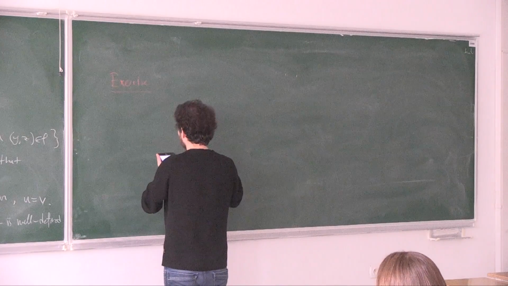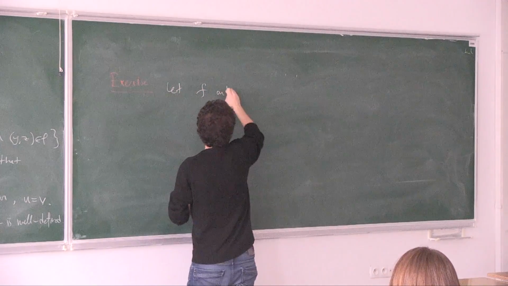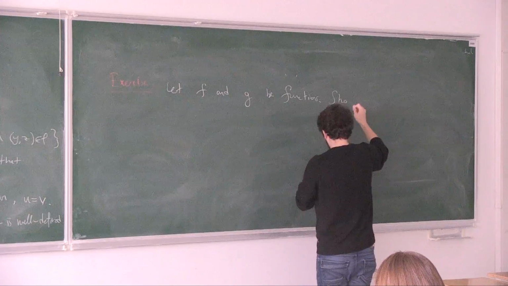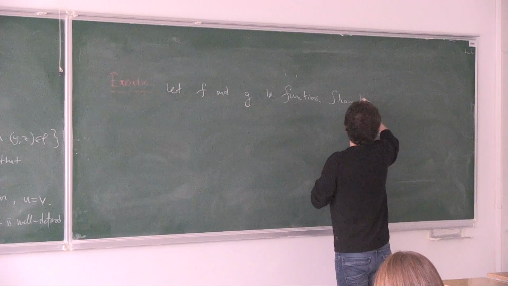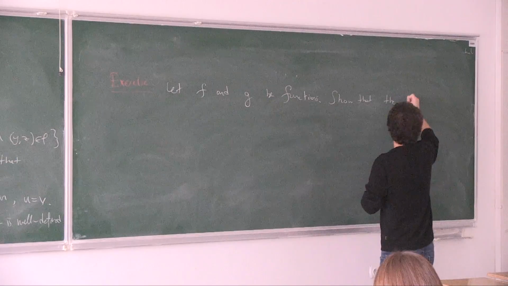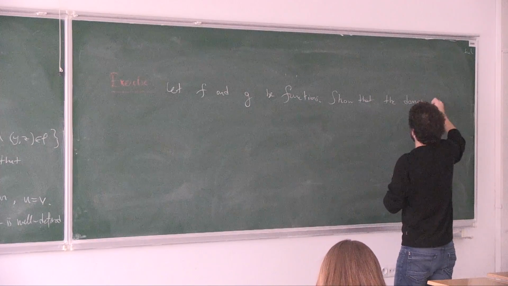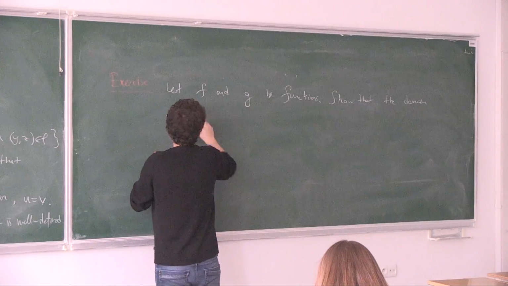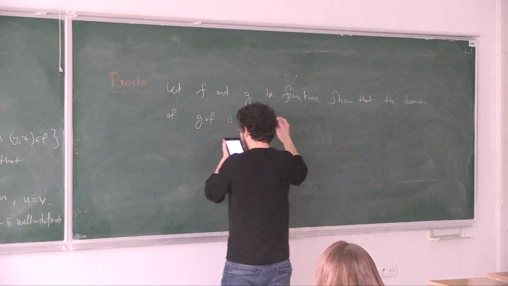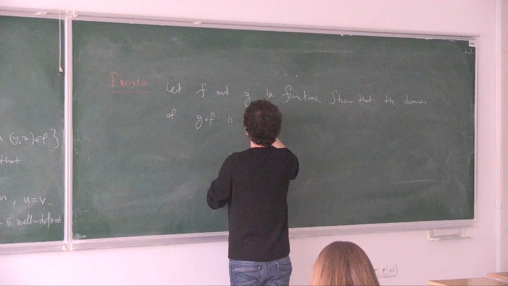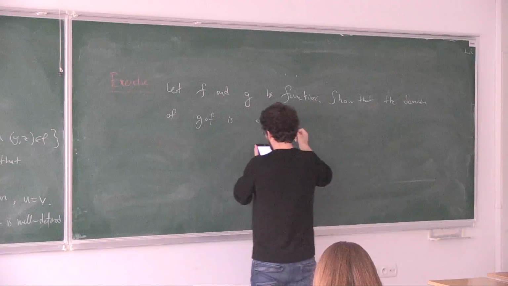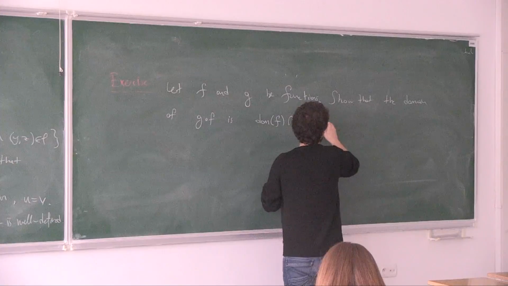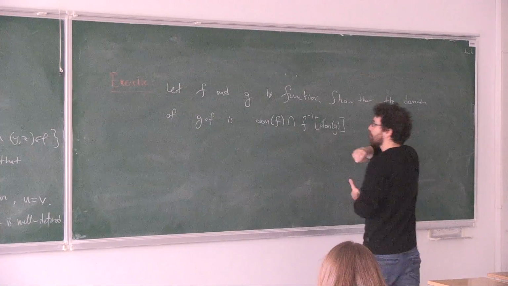So let f and g be functions. Show that the composition is a function, right? So to show that the domain of g composition f is the following set: domain of f intersection the inverse image of the set domain of g.